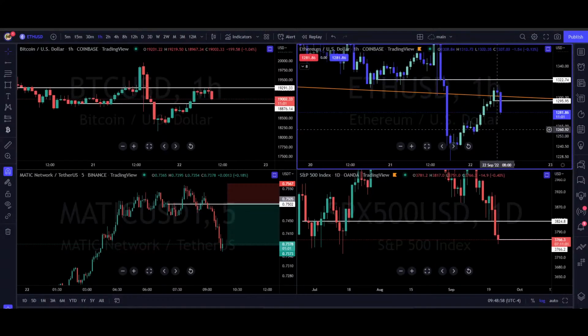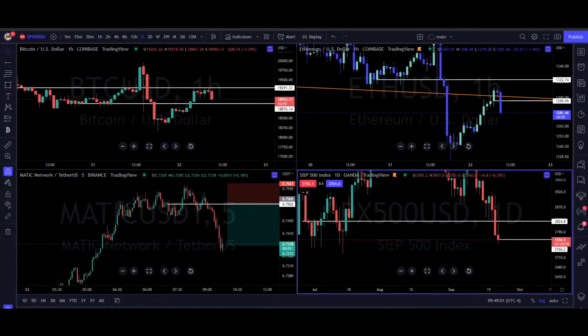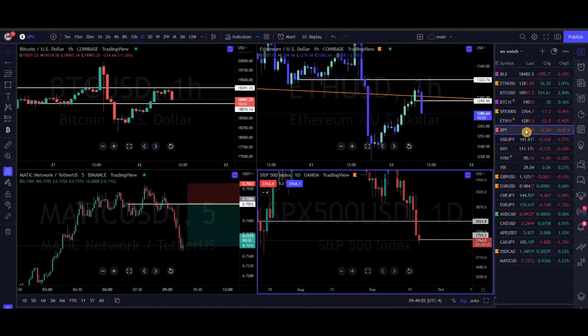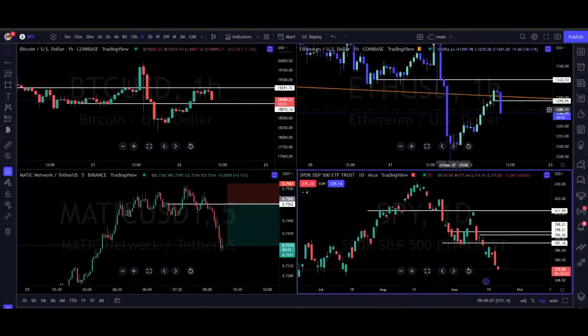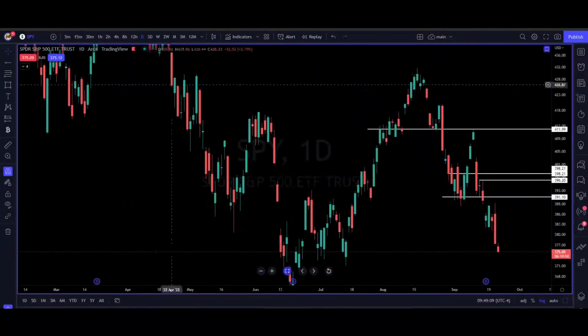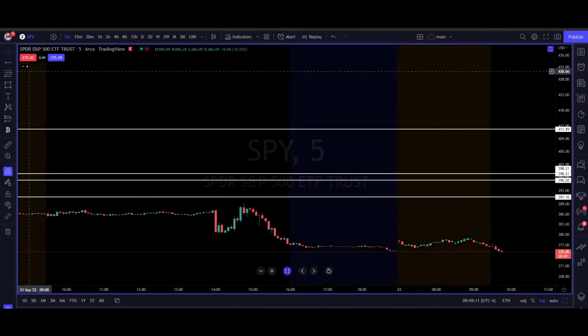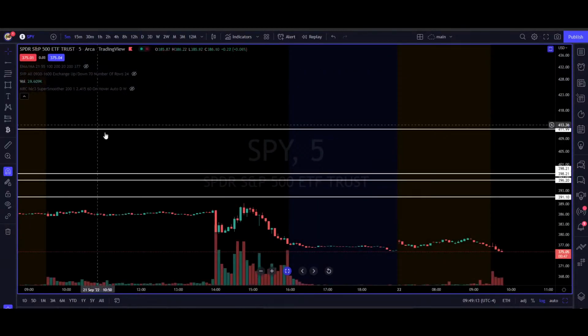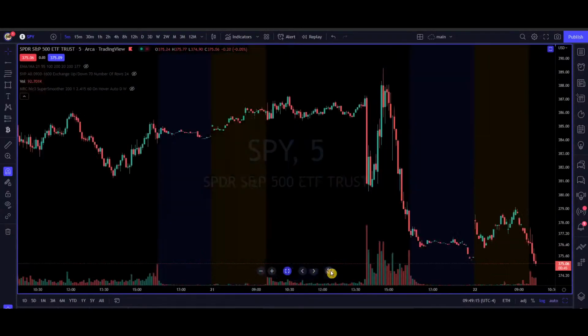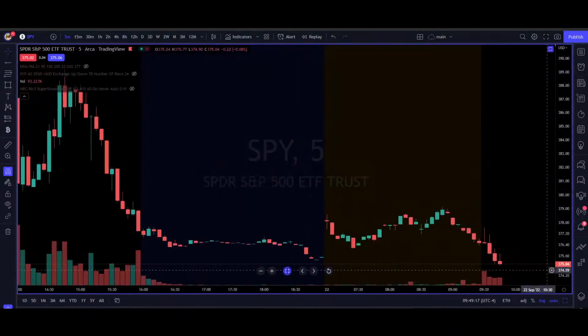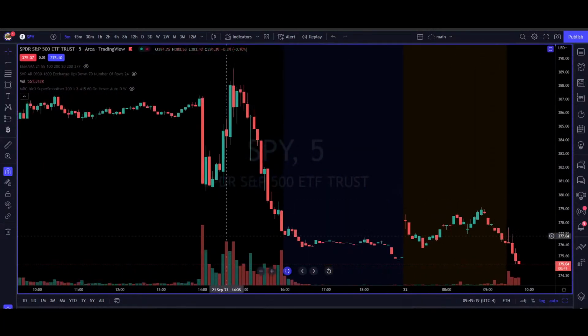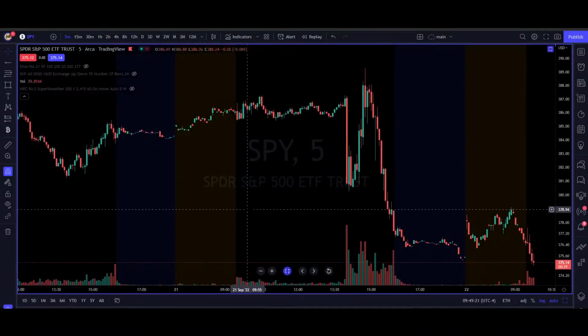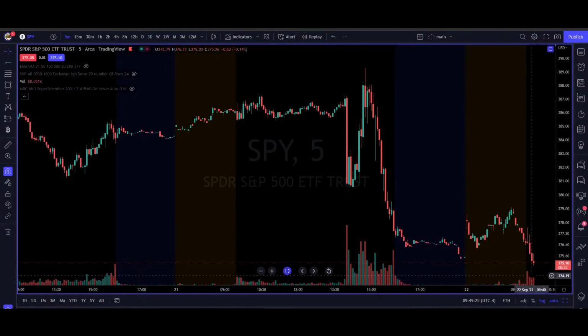It's 9:45, so usually the first 15 minutes is when you get the most volume you're going to see on the day. So let's pull up the S&P 500. It was a light volume day compared to what yesterday brought, but heavier volume than what we saw yesterday morning.